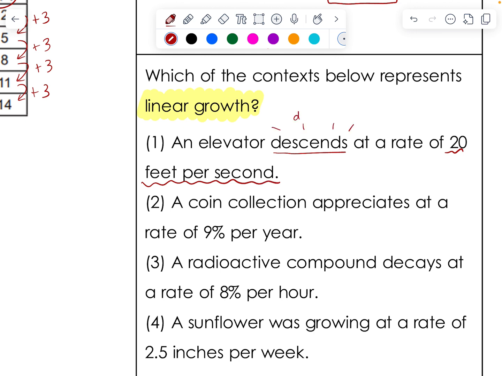Descend means to go down. That is not growth. That is what we call decay. That is not growth, so it cannot be choice 1. Okay, anytime that you see a percentage per year, that is not linear. Percentage per year is not something that's linear because that's going to continue growing, what we call exponentially. So choices 2 and 3 are out.